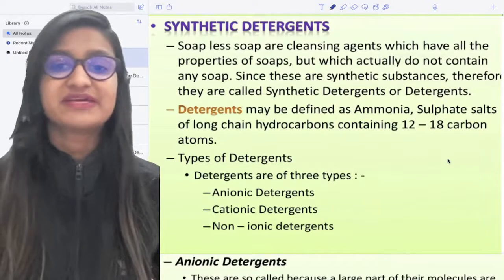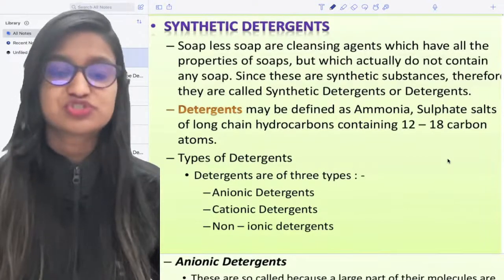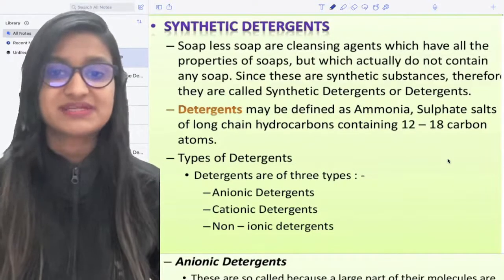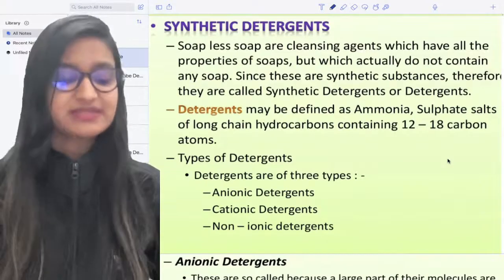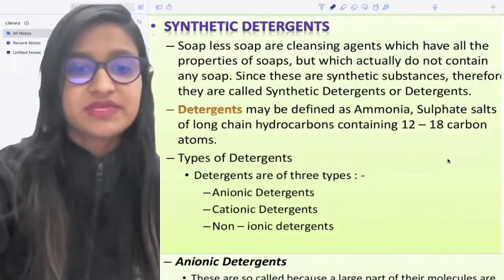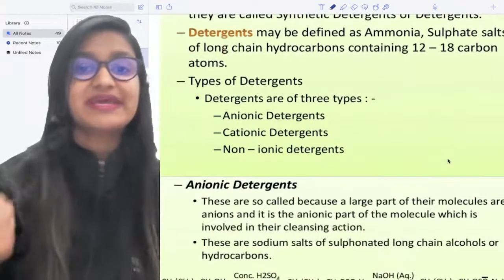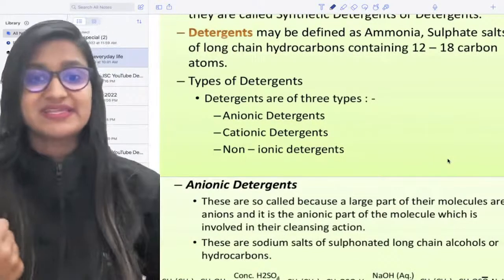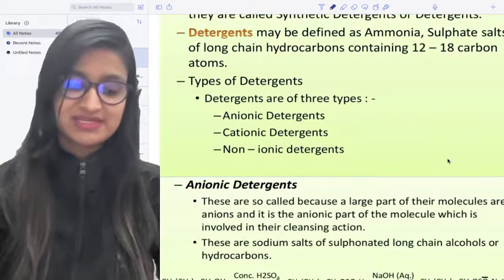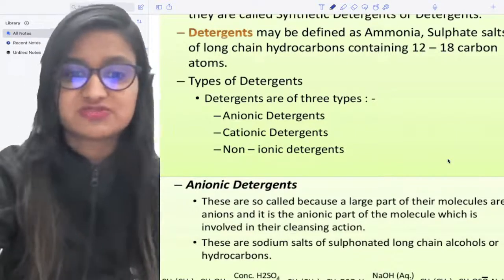Detergents may be defined as ammonium or sulfate salts of long chain hydrocarbons containing 12 to 18 carbon atoms. Types of detergents: anionic, cationic, and non-ionic detergents.